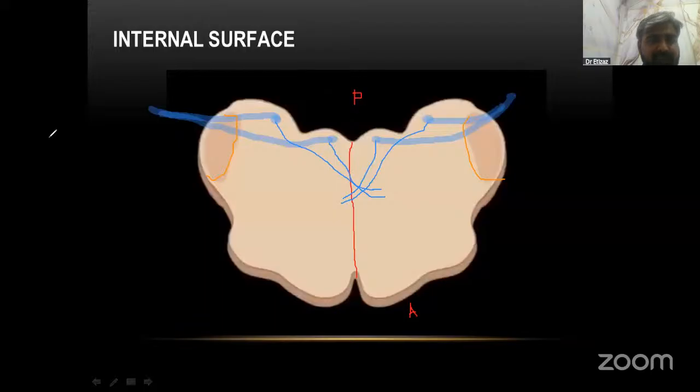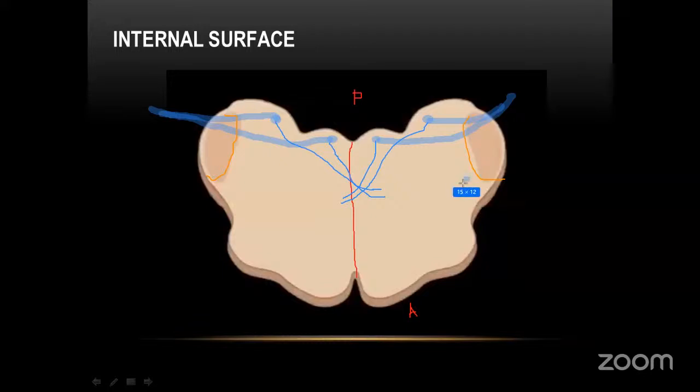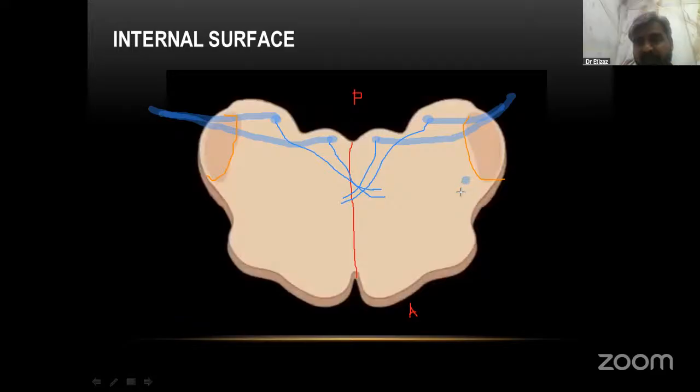We have other sensory fibers. What are the other sensory fibers when we go through the lateral column?